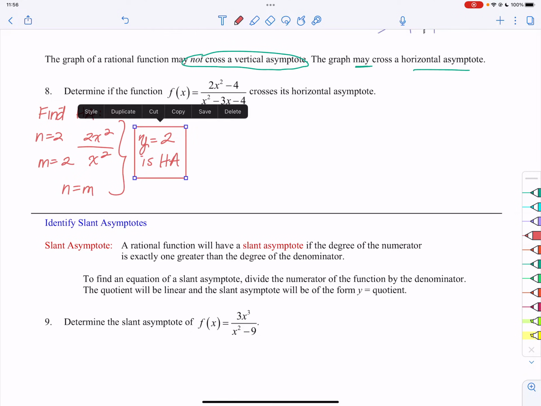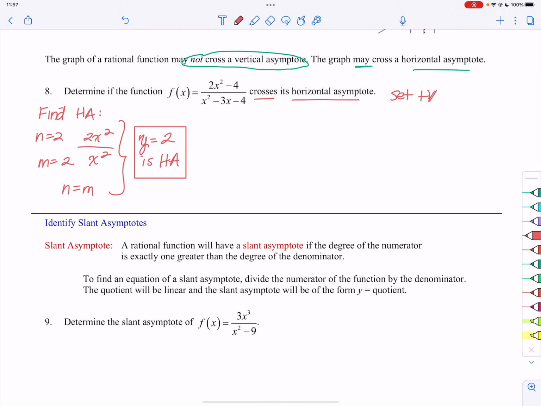Okay, so now determine if the function crosses its horizontal asymptote. So we will set the horizontal asymptote equal to f of x, and we will see if we can solve for x.